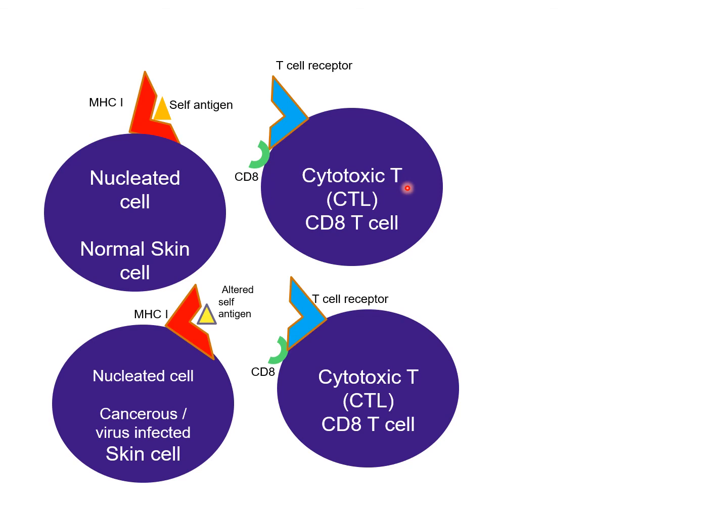So once they become mature and they can differentiate between what's a self-antigen and a foreign antigen, this cytotoxic T cell right here is going to be able to recognize that this is your self-antigen, and therefore it is not going to attack that skin cell right here. So right here, no attack is going to take place because it's going to recognize again that this is your own self-antigen.